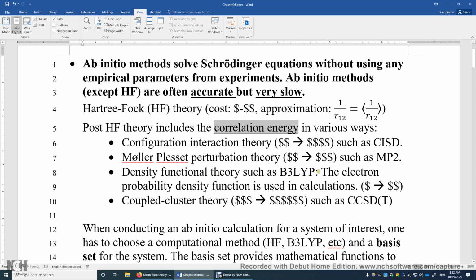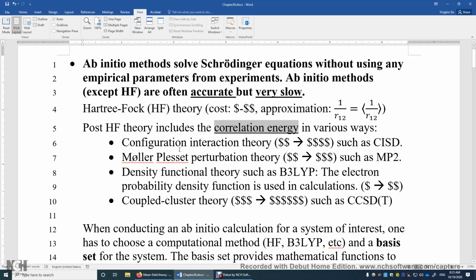This is a very popular DFT method, and also one of the most criticized methods, because many people use this method without seriously verifying the accuracy of this method for their systems. There's also the so-called coupled cluster theory, which is really accurate, but the computational cost is extremely high.